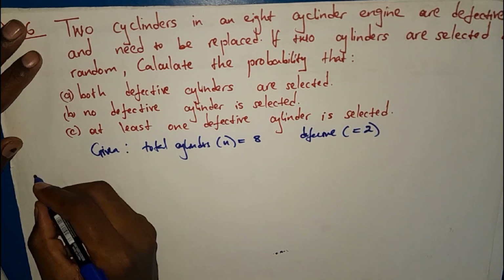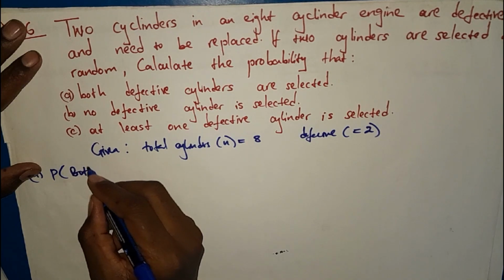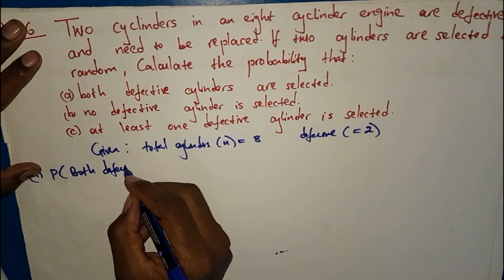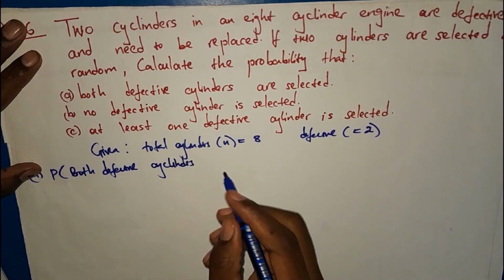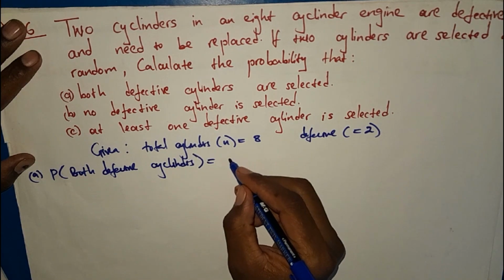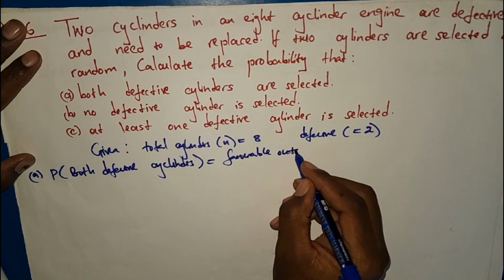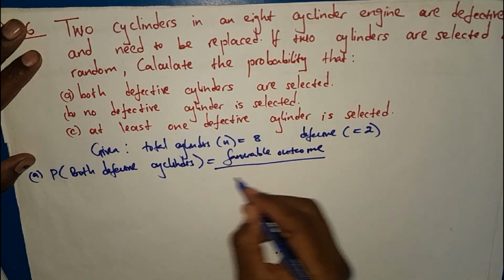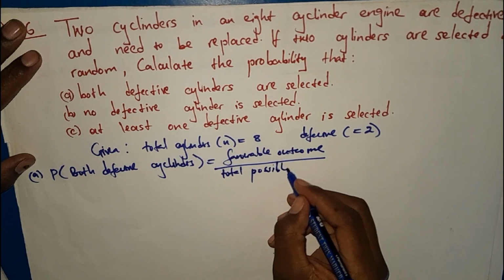Therefore, we need to calculate, let's go on A, the probability that both defective cylinders are selected, which is equal to the favorable outcome over the total possible outcome.